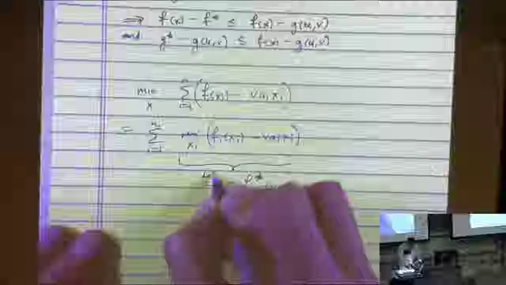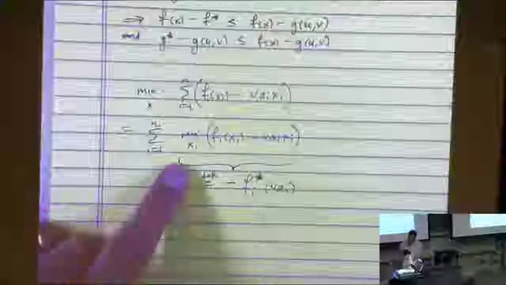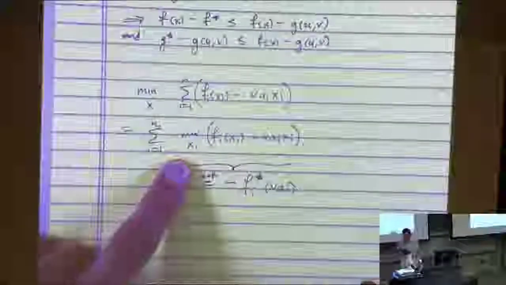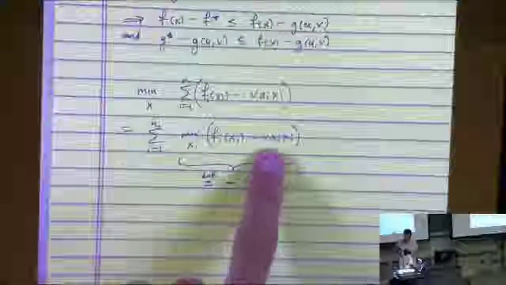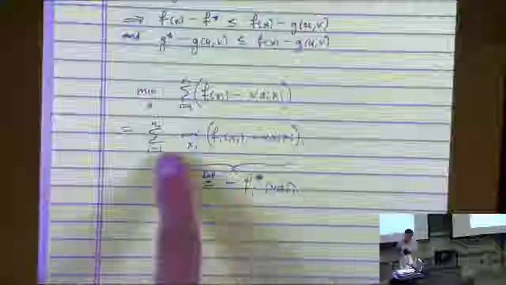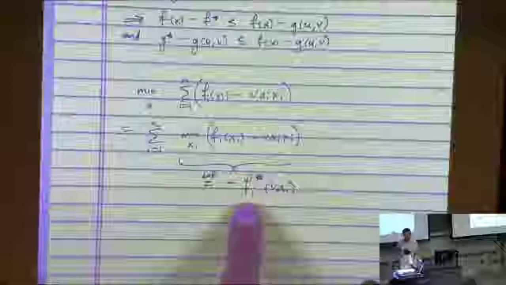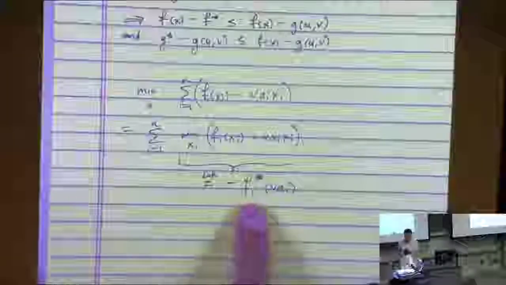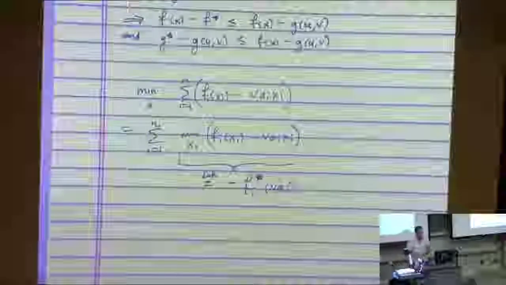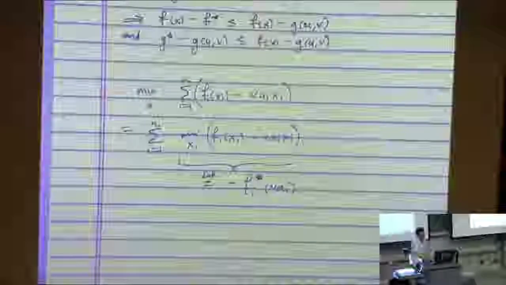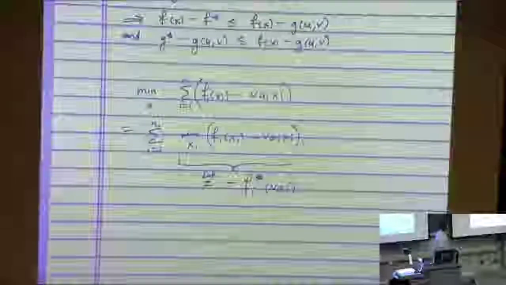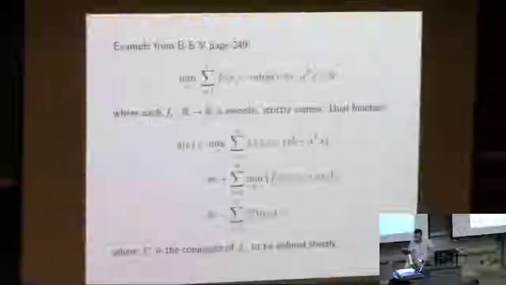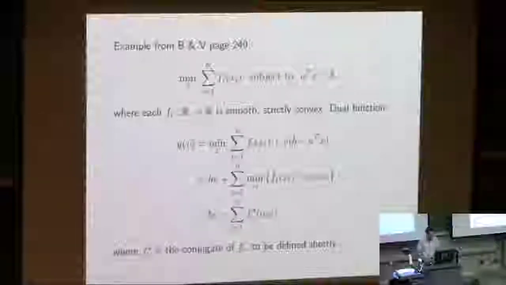Let's just consider that now a definition. This is a minimum over xi, so it's only going to depend in the end on v and ai. And I'm just going to denote this whole quantity by negative fi star of v times ai. This function is something that we call the conjugate of that function fi that we're going to be studying shortly. But for now, just think of this as a definition.